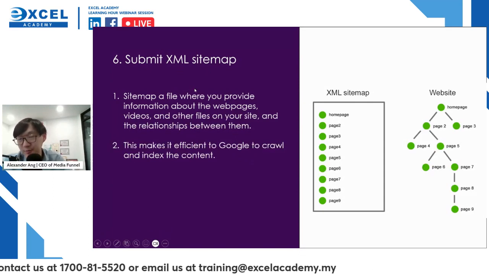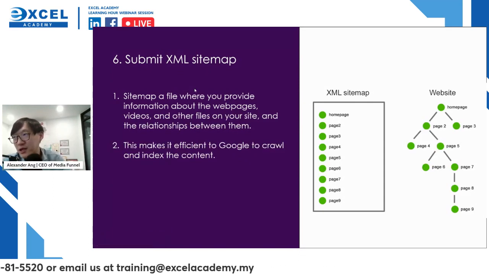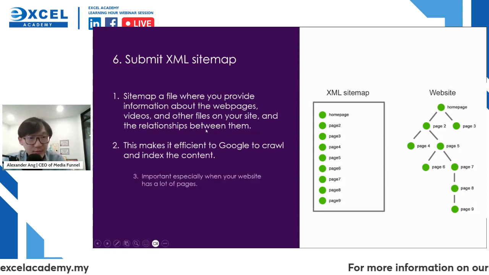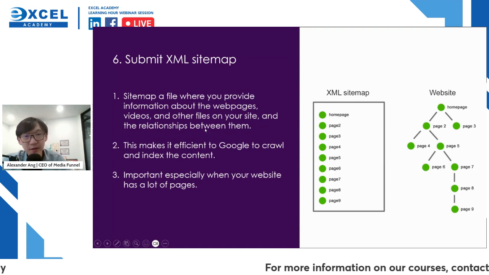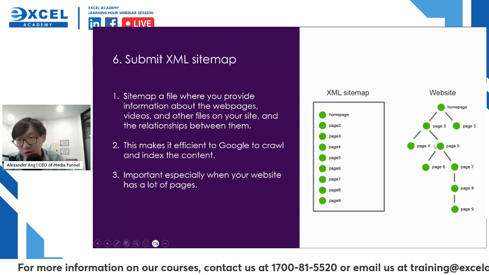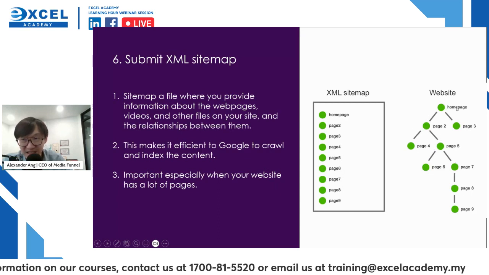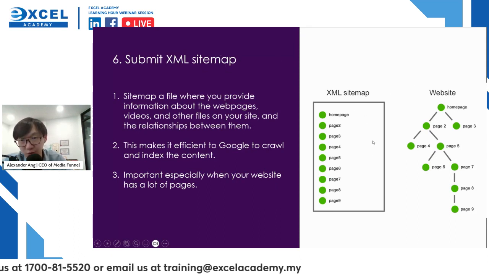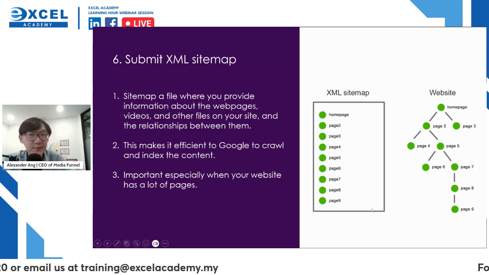Google will still pick it up, just that sometimes the way they pick it up is not what you want. You may have this scenario. An XML sitemap is important, especially when your website has a lot of pages. If your website structure looks like this, very, very messy, then you will need an XML sitemap to help you organize these pages.